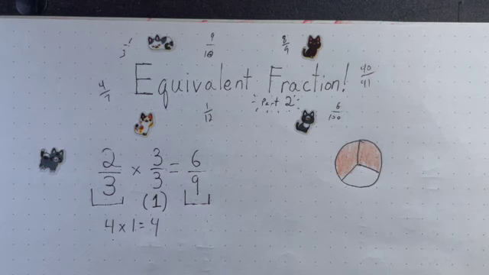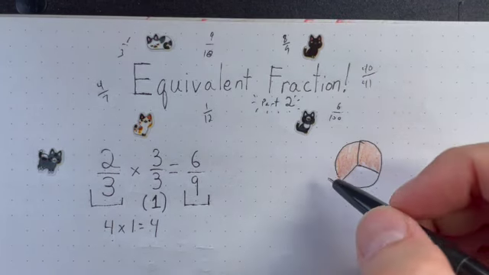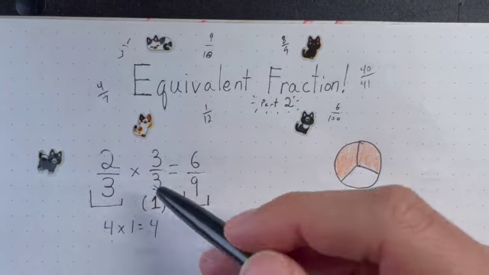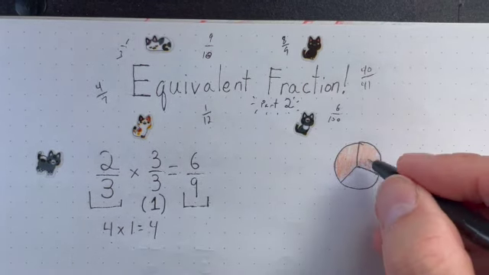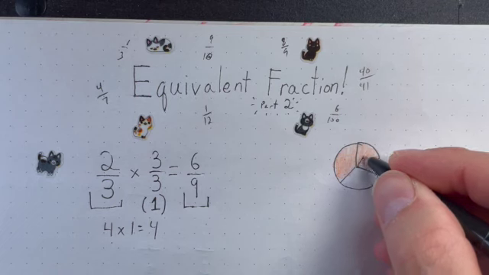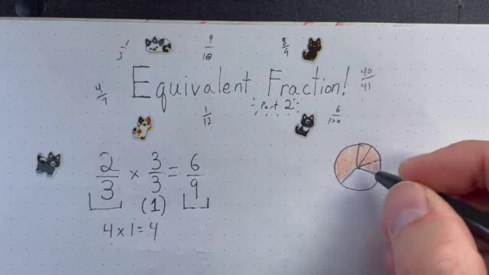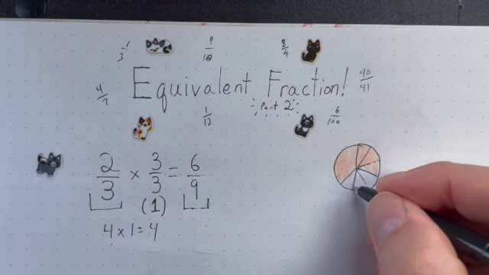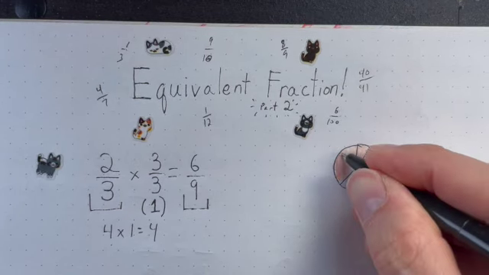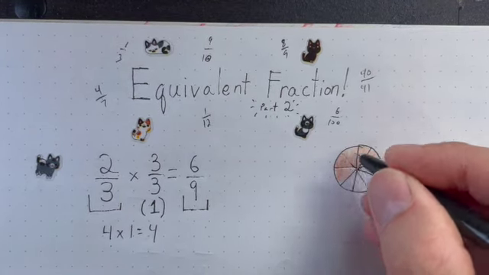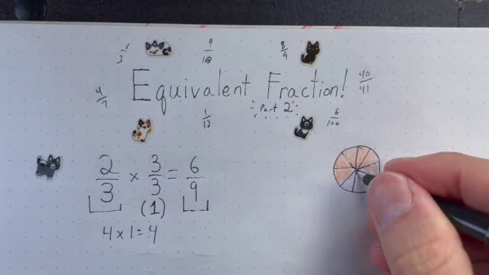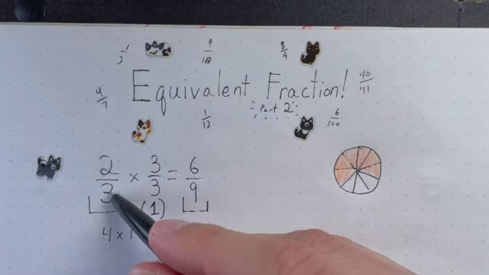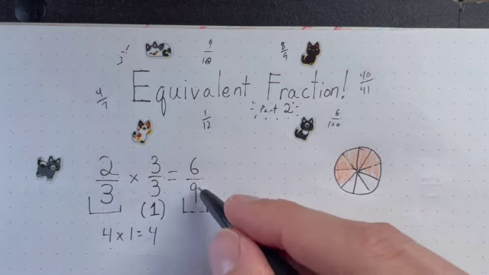Now, the way I can show this with the picture is, when I multiply 2/3 by 3/3, I'm splitting each one of these 3 pieces into 3 parts. So this one is split into 3 parts, this one into 3 parts, and this one into 3 parts. So I'm splitting up these 3 pieces into 3 pieces each to create 9 pieces.